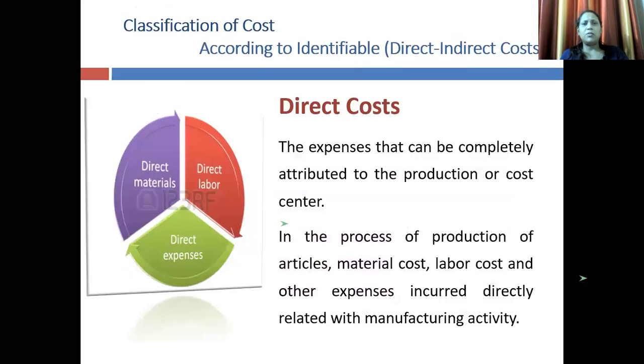So what is direct cost? Direct cost is the expenses that can be completely attributed to the production or cost center. And in the process of production of articles, material cost, labor cost, and other expenses incurred directly related with manufacturing activity. So direct materials, direct labor, direct expenses, all are related to direct cost.